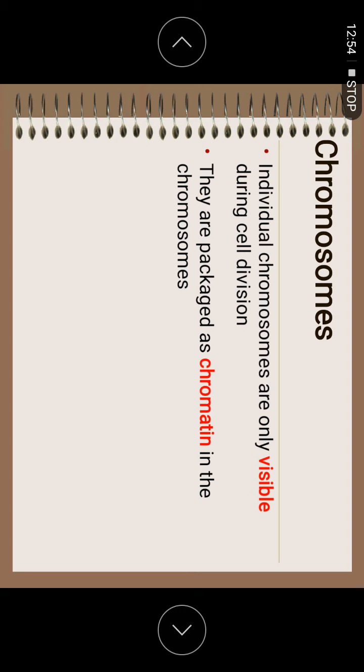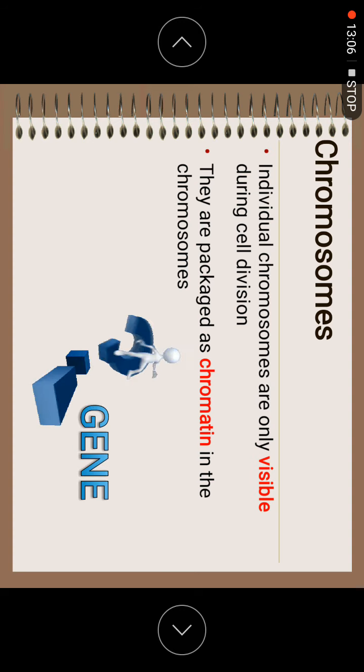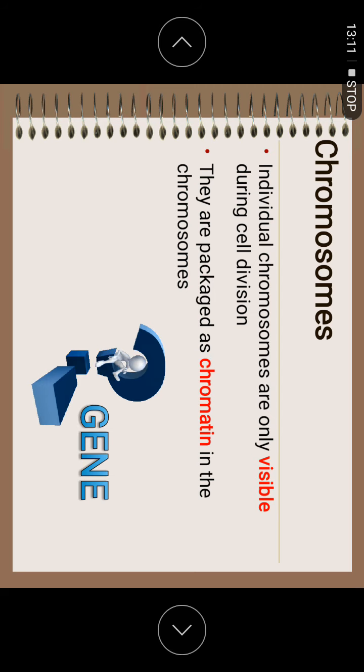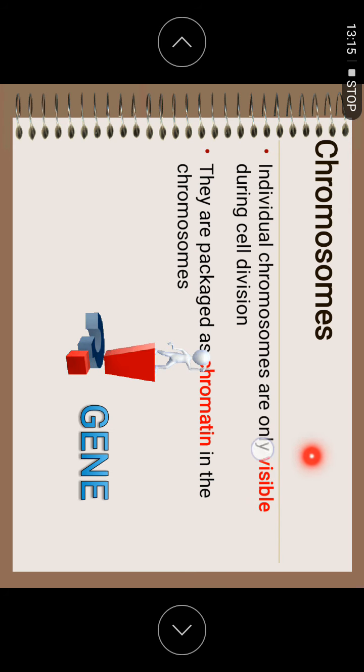It will be in the form of chromatin, which is very thin. So we cannot see the chromosome if they are not going to divide. When they are going to divide, then it can be seen.